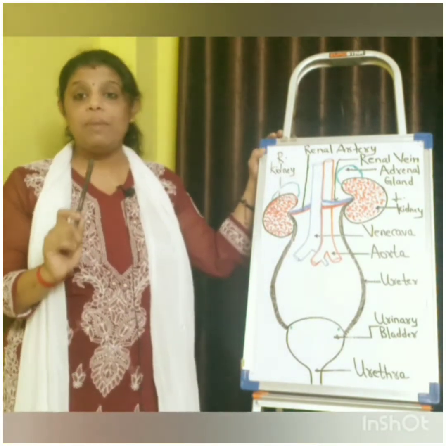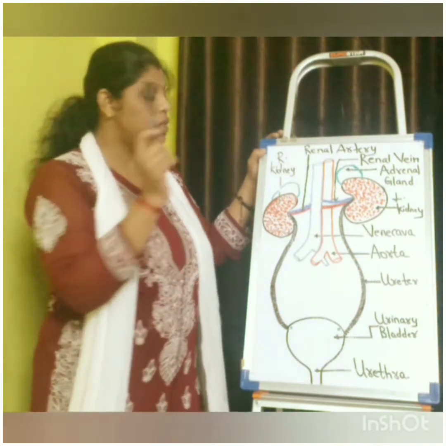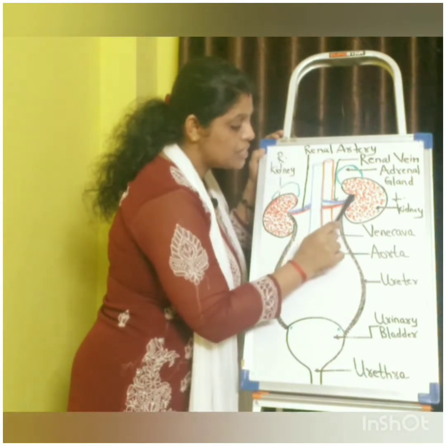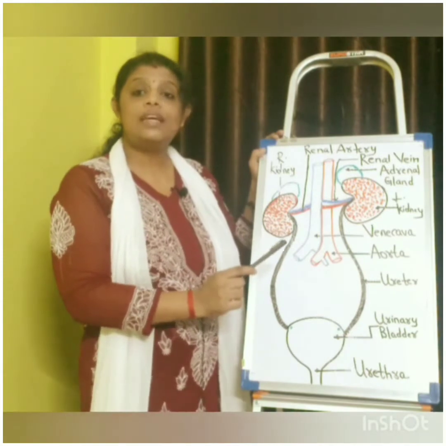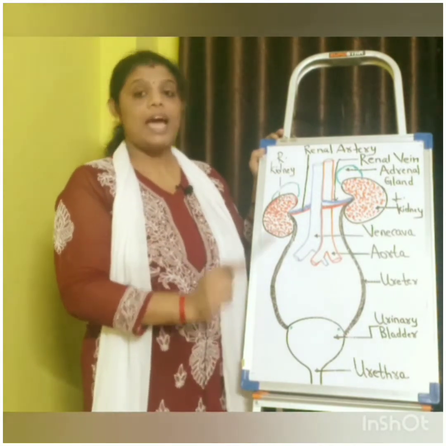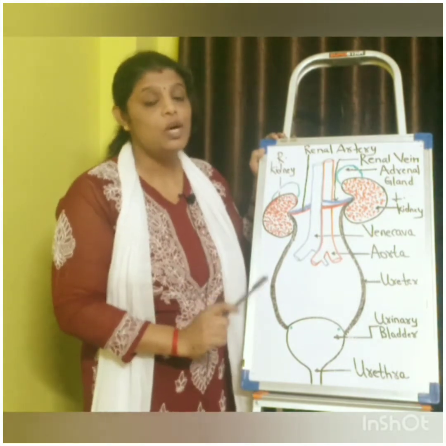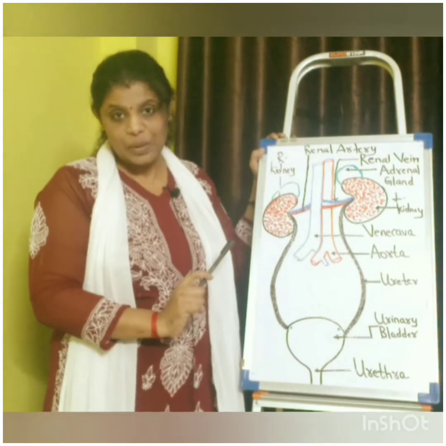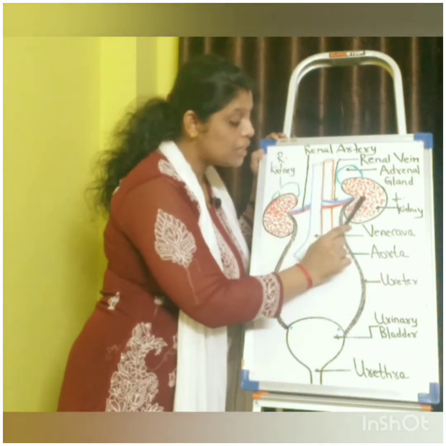Remember, the word renal is used for kidney. So these renal arteries will enter inside the kidney. The aorta is bringing oxygenated unfiltered blood, and it will pour that blood into a pair of arteries which has branched from the abdominal aorta, and that blood will enter the kidney.